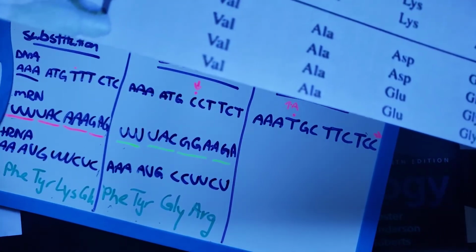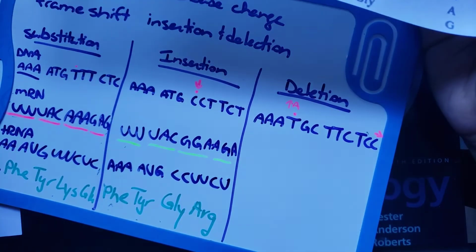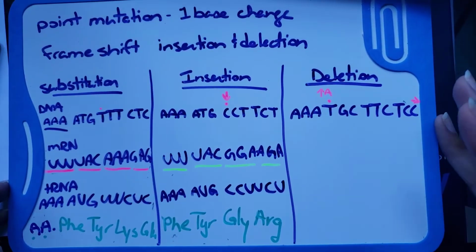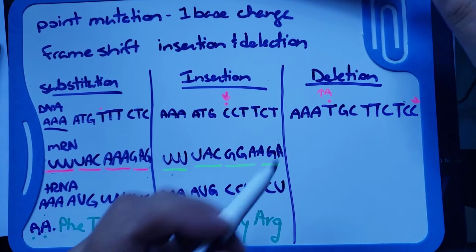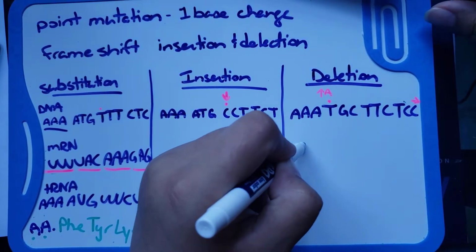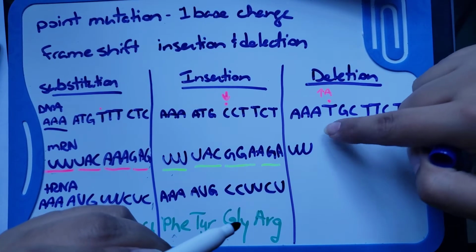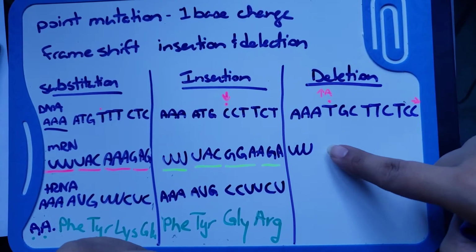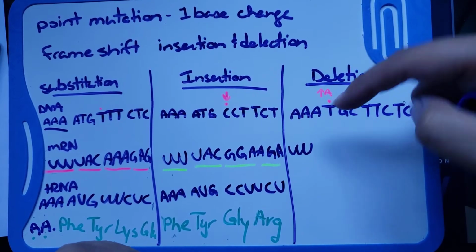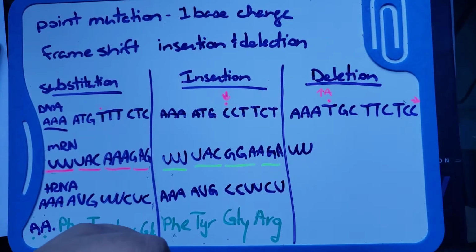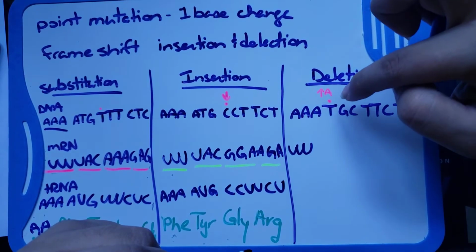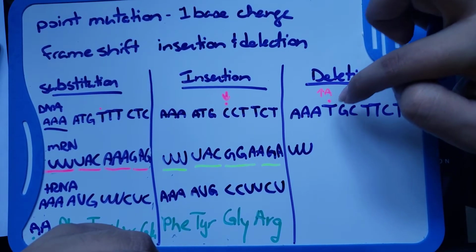I'm going to go over deletion and then I'll explain the actual chart from the PowerPoint. For the messenger RNA, I shouldn't have moved that. Sorry about that. We have U, U, U. There used to be an A here, but the A got taken out, and what happens is it squeezes the whole DNA sequence in, because that nucleotide is missing.